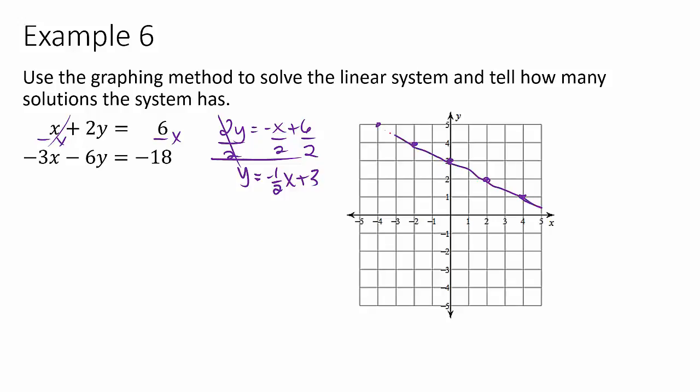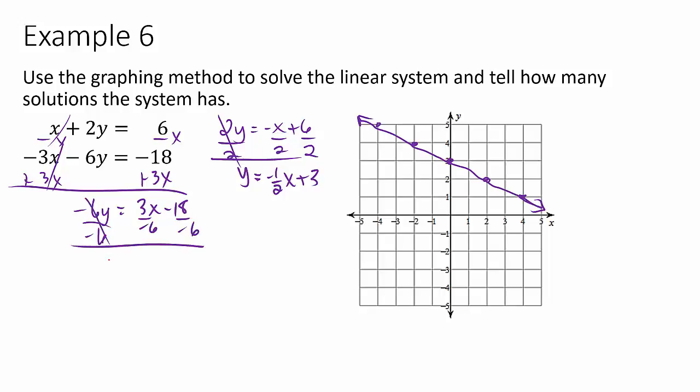And then I'm going to add 3x. Divide by negative 6. And get negative 1/2 x plus 3. So as soon as I wrote the same equation down twice, it's like, okay, well, I know these are the same line. You can try to go over the line again if you want. But basically, we just need to say, hey, this is infinitely many solutions because I have the same exact line.